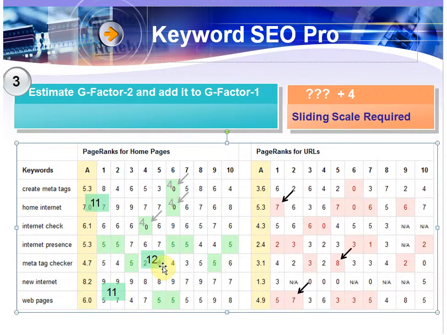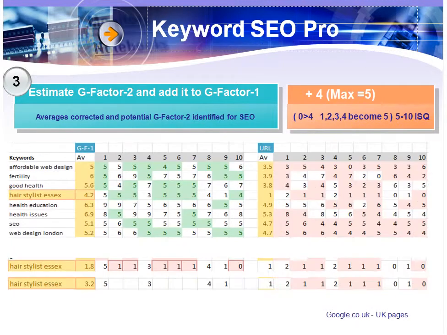Now, as there is a maximum page rank of 10, it seemed that these figures would not be appropriate. I therefore decided that we should give G-Factor 2 its value on a sliding scale type basis.